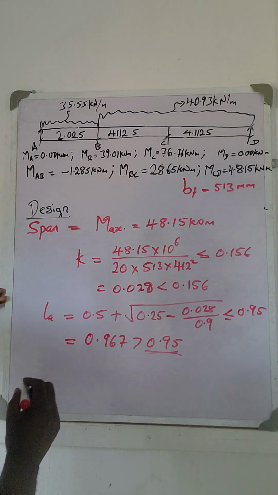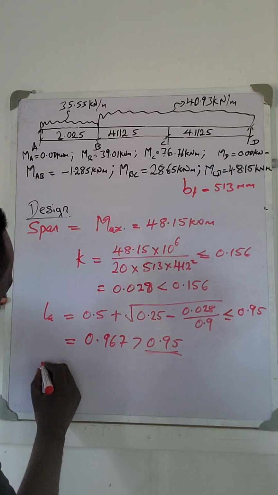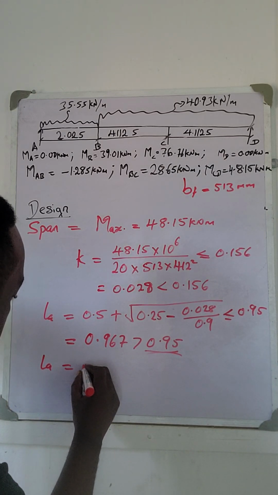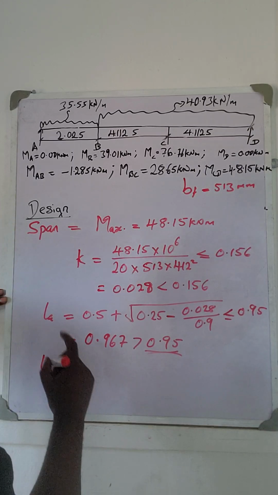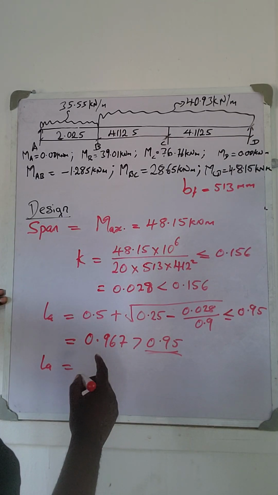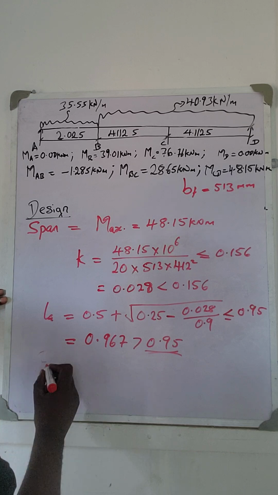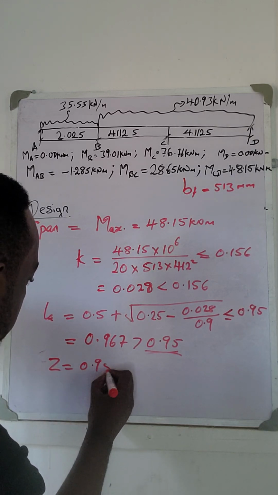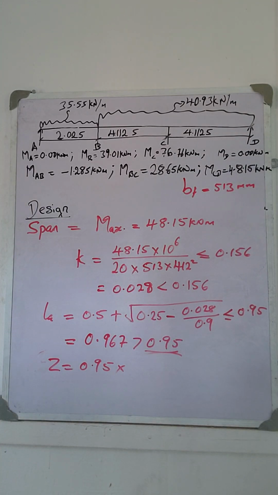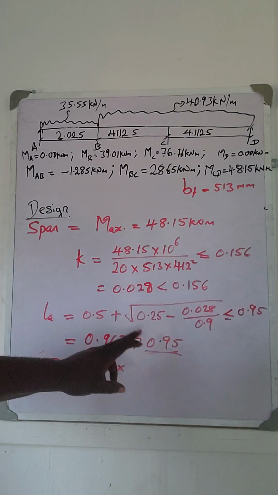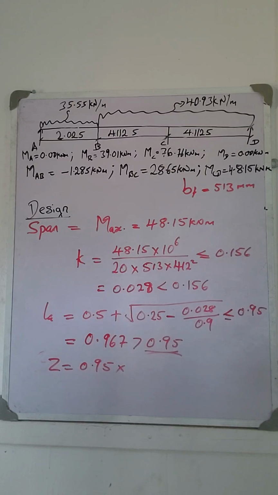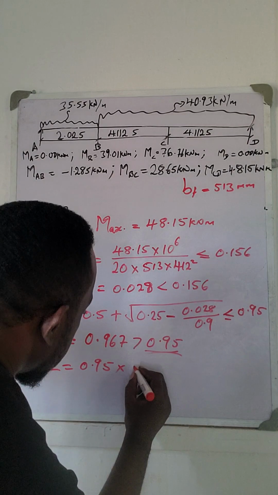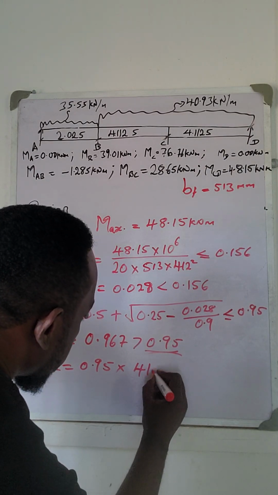you solve for LA. LA is equal to Z. Z is equal to LED, which is equal to 0.95 multiplied by LED 412.